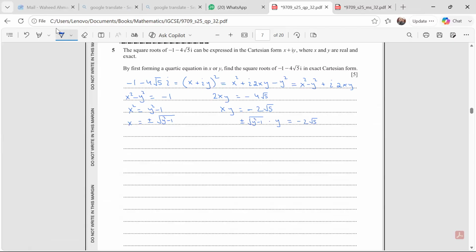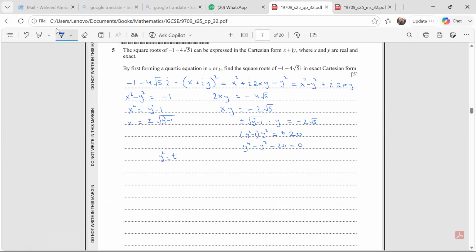Let me square both sides. It will become y squared minus 1, into y squared, equals 4 times 5, so this is going to be 20. So this is y to the power 4 minus y squared minus 20 equals 0. Let's assume that y squared is equal to t.